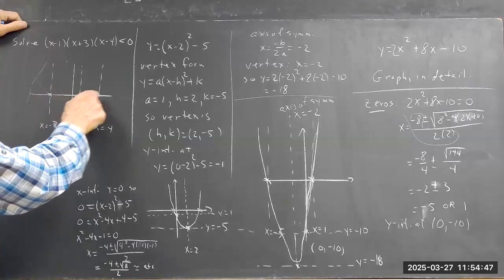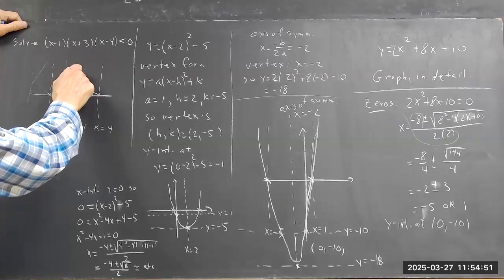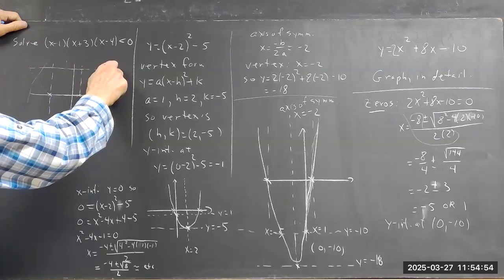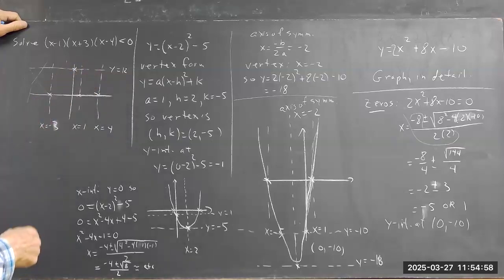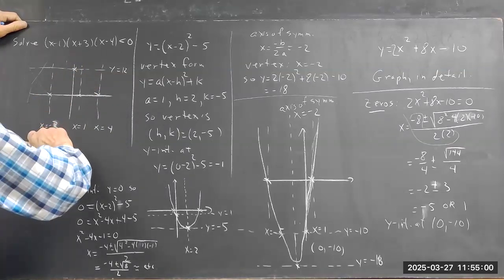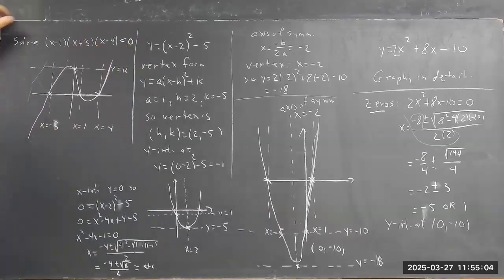So here are the zeros. The y-intercept is at y equals 12. And your graph looks like this. That'd be a very easy polynomial graph.